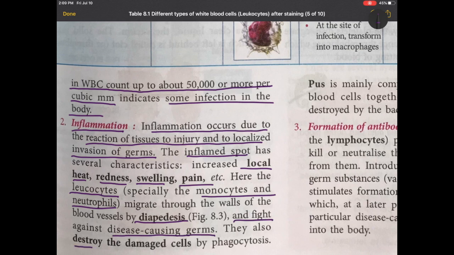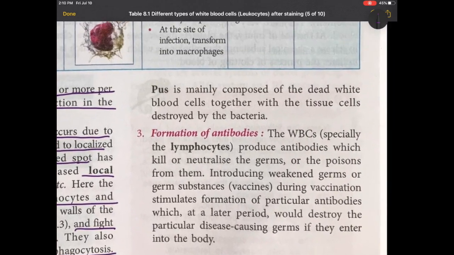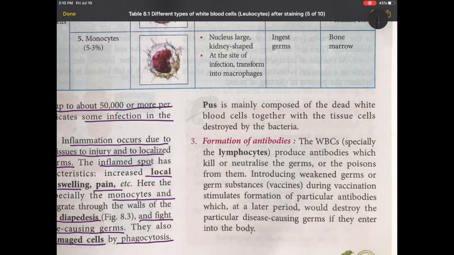They also destroy the damaged cells by phagocytosis, that is engulfing, eating away the damaged cells. Okay, and sometimes at that point you will get pus, whitish fluid which accumulates there. That pus is made up of dead white blood cells together with the tissue cells destroyed by the bacteria.